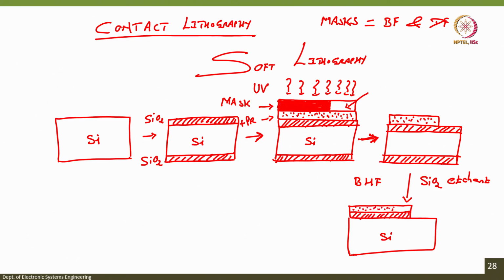It is resistant against the chemical which is buffer hydrofluoric acid. It should not etch, and the SiO2 below is protected, but the SiO2 that was not covered by photoresist is gone. Same thing happens here also, you see on the back side, the SiO2 from the back side is also etched when we dip the wafer in BHF.